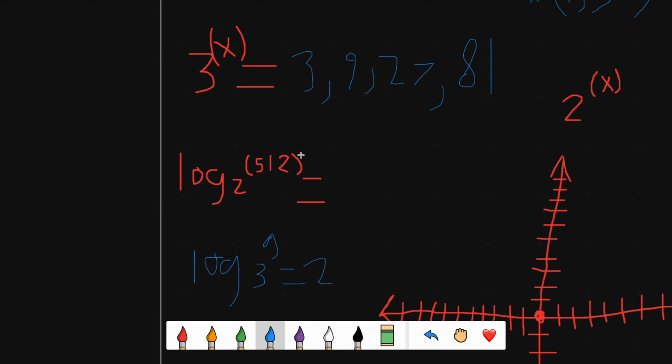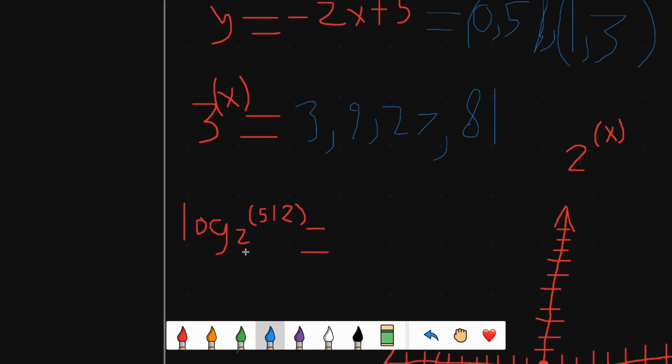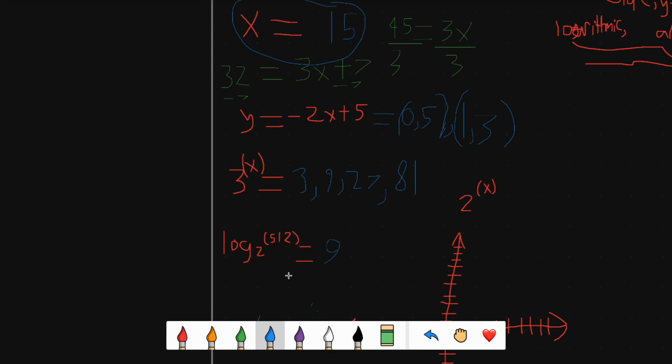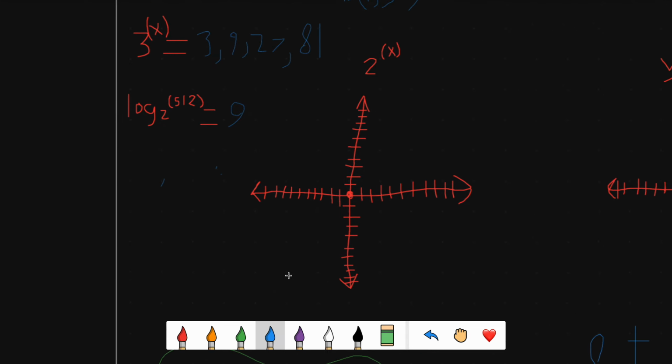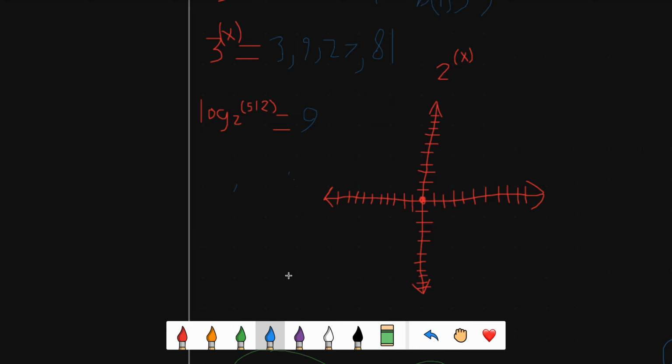Same for that. You're trying to find 2 to the power of what would equal 512. We know that 2 to the power of 9 equals 512, so the answer would be 9. That's all you're supposed to do for this one.